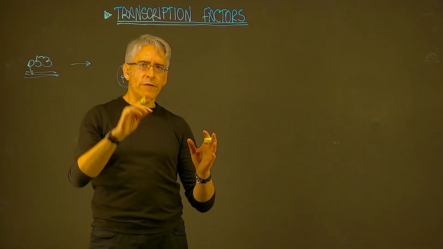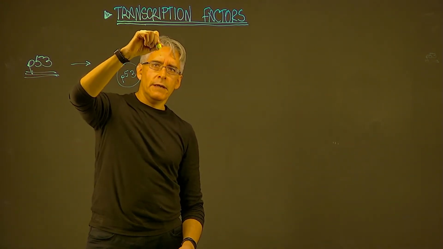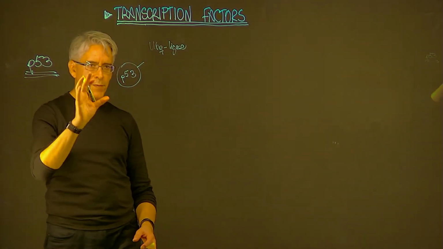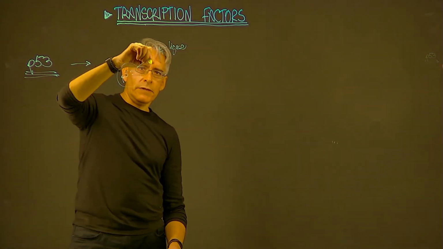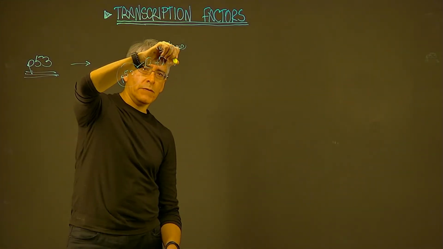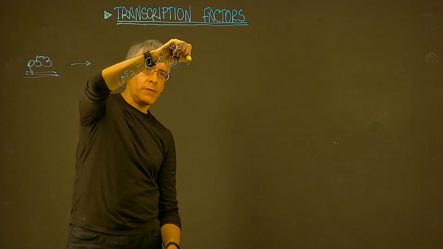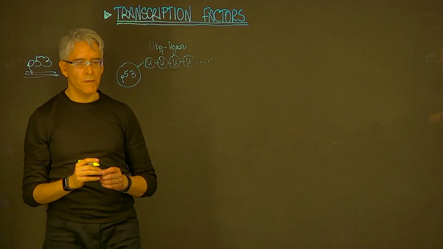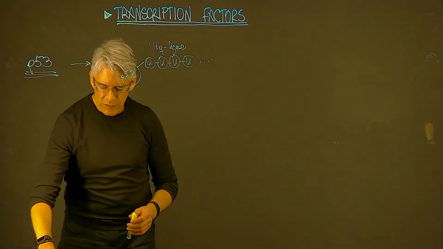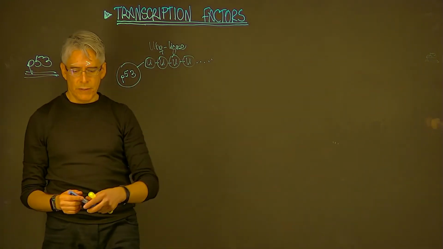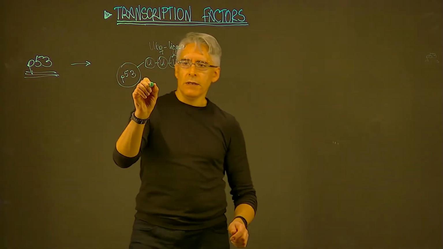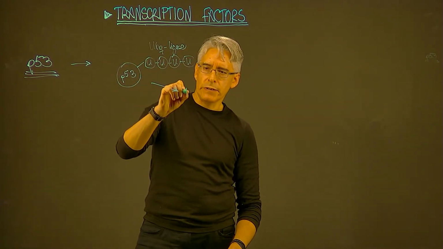There is a specific ubiquitin ligase that targets p53 for polyubiquitination. So you get the attachment of numerous ubiquitin molecules. Ubiquitin is a protein, remember that. The attachment of those multiple ubiquitin molecules to p53 then targets p53 to be degraded by the proteasome.